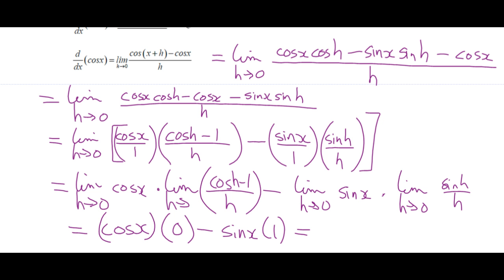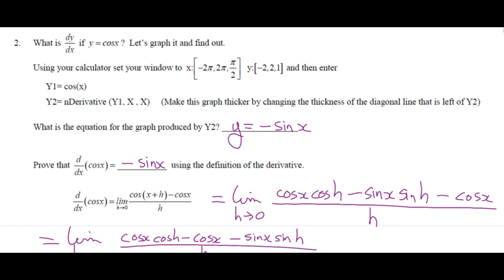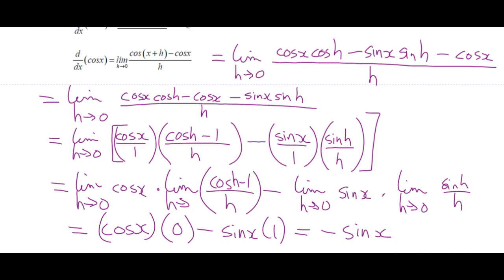The negative of sine x. Okay, and then you toss in a little QED, right? Okay, we good? So same idea, right? Which all goes back to the limits, which aren't on this page anymore. Just all goes back to that idea, and splitting things out.